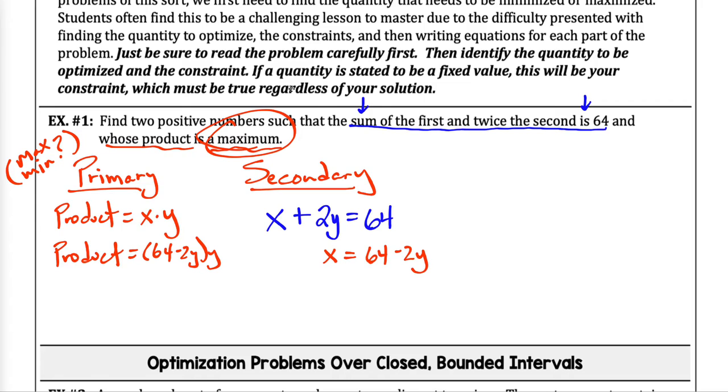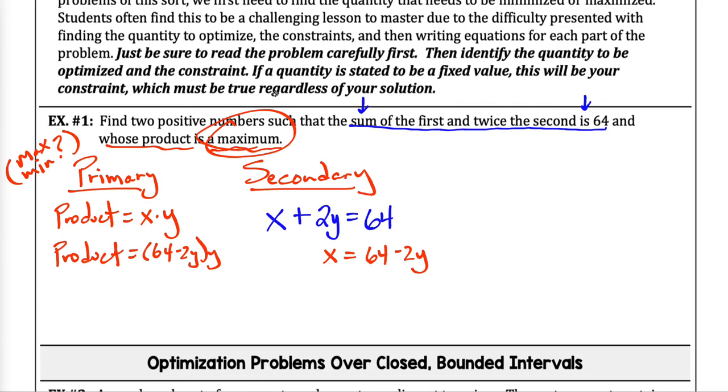Neil, what can't our answers be? You can't have a 32 for y. Say what? Are you getting that from twice the second? Yeah. Oh. True. I mean, it's not wrong. You overlooked the obvious one and went with the hard one. Can you not have negatives?